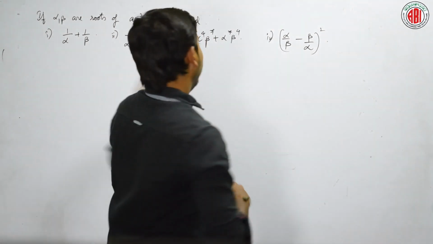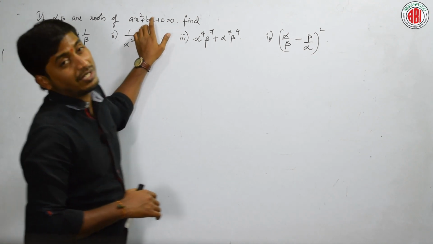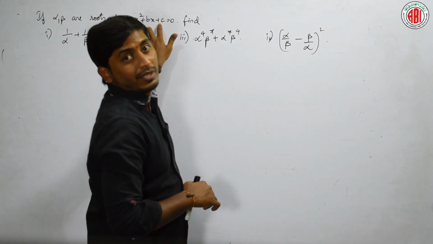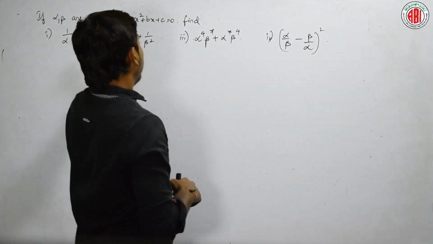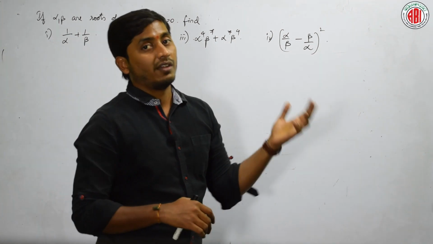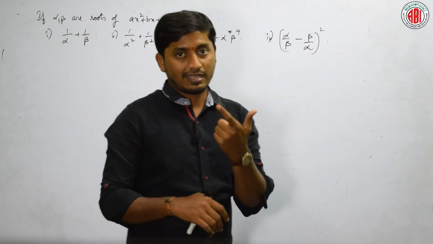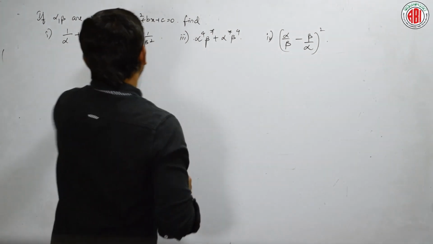See here. Here it is given that alpha, beta are the roots of this quadratic equation, which is a standard equation, right? Then we are asked to find 1 by alpha plus 1 by beta, 1 by alpha square plus 1 by beta square, and these are the basic questions. If we observe, we have only two relations, that is sum and product. What is the sum and product of this particular equation?